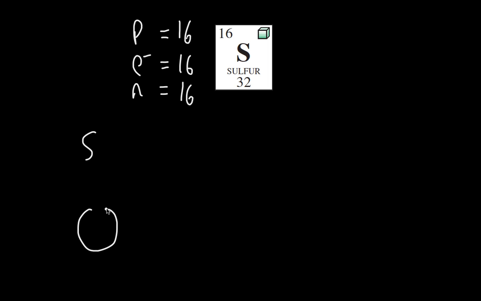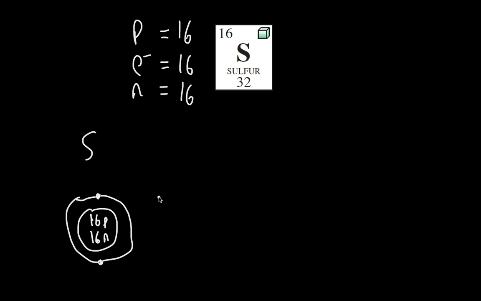And the last example is sulfur. We go through our normal steps. As we see here, 16 protons, 16 electrons, and 32 minus 16 is 16. Okay? To draw our sulfur, we start with our nucleus. We're going to have 16p, 16n. The first ring will have 2.